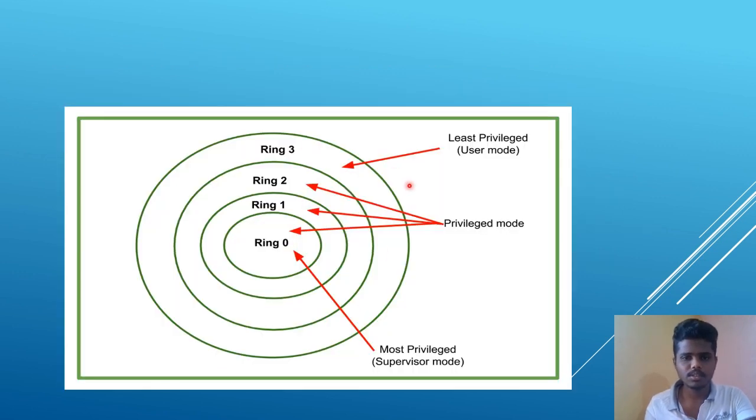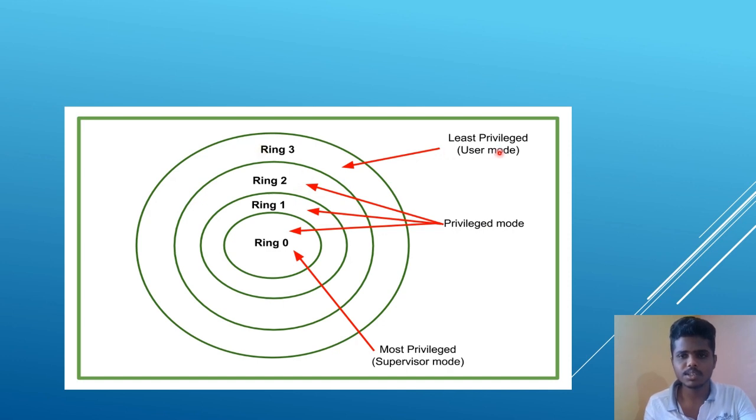Coming to the rings, ring 0 is the most privileged, and it is also called the operating system kernel. Ring 1 and ring 2 are also privileged mode, and they provide operating system services.